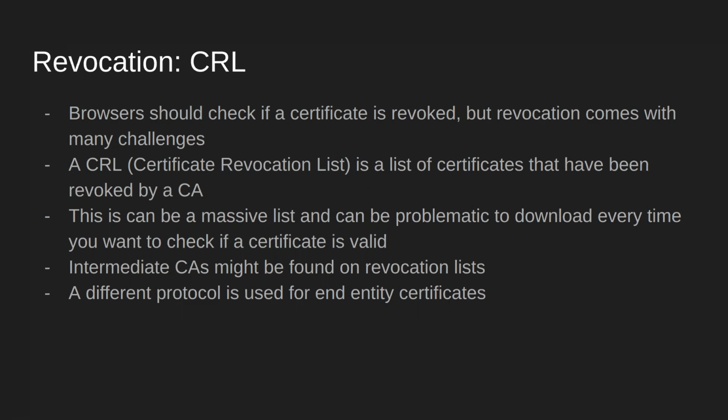If they issue a lot of certificates and a lot of certificates get revoked, it can be a pretty big list, and downloading that every time can be a problem. So you're not going to use CRLs for end entity certificates, but intermediate certificate authorities might use them because there's only going to be a few certificate authorities, so the list would be quite small.